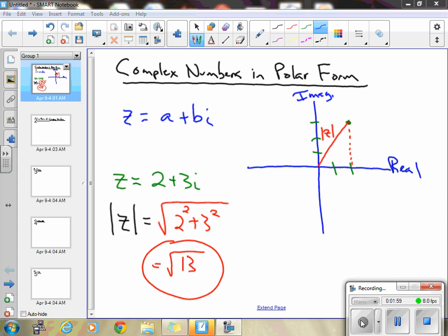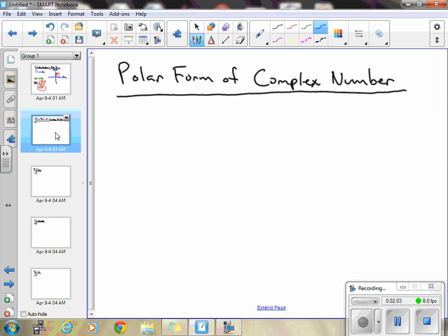Now what's different in this section that we're working on is we're going to be looking at polar forms. So for the polar form of a complex number, we have to think about angles and distances from the origin.